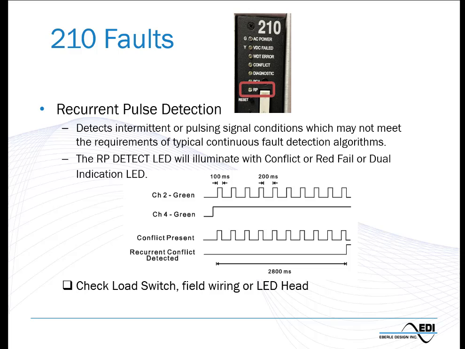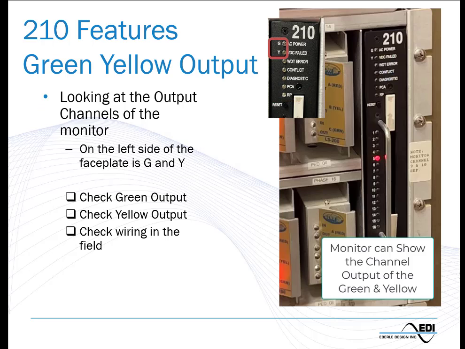If there's a problem, usually it's going to be your load switch, where the triac is misfiring or not firing correctly. Or you may see a field issue where the wiring is damaged, or critters, rats, varmints might be chewing on it. The other thing is a power supply in the head. I recommend that you check that.